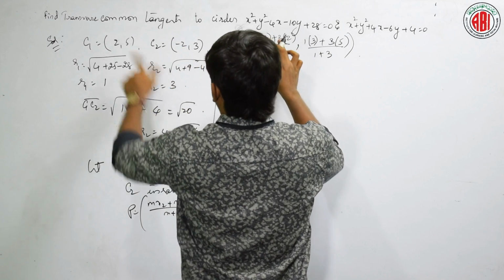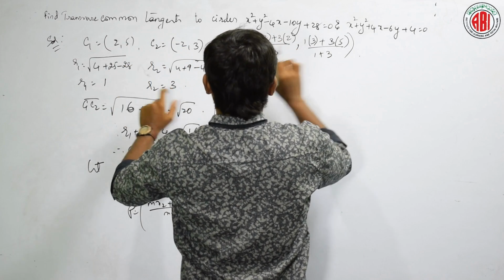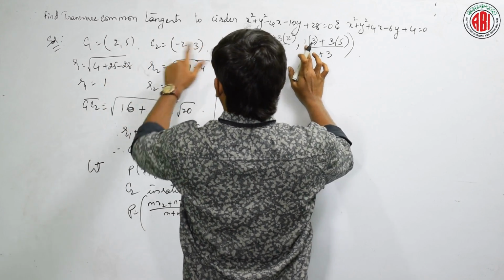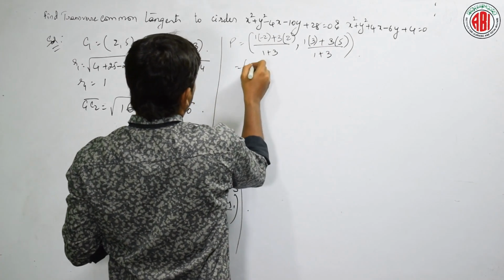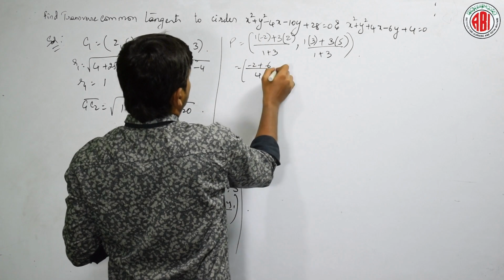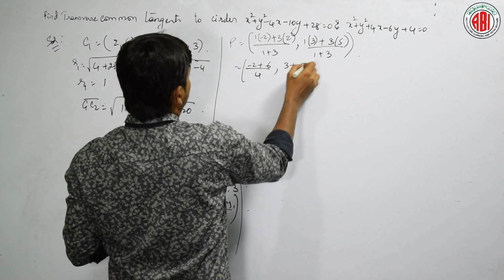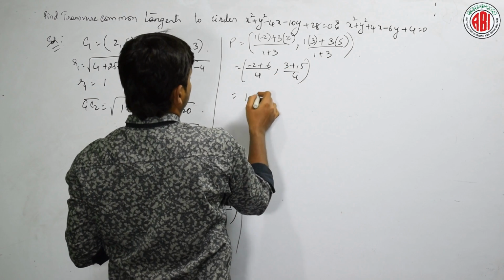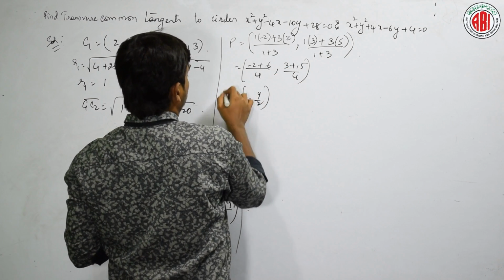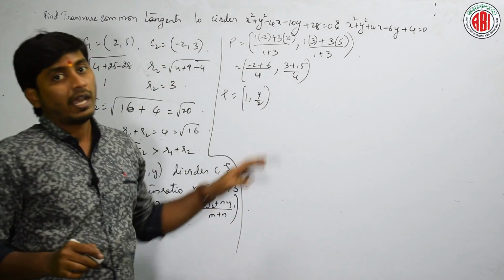So, it will be (minus 2 plus 6) by 4, (3 plus 15) by 4, that is 4 by 4 is 1, and 18 by 4, that is 9 by 2. This is my point.